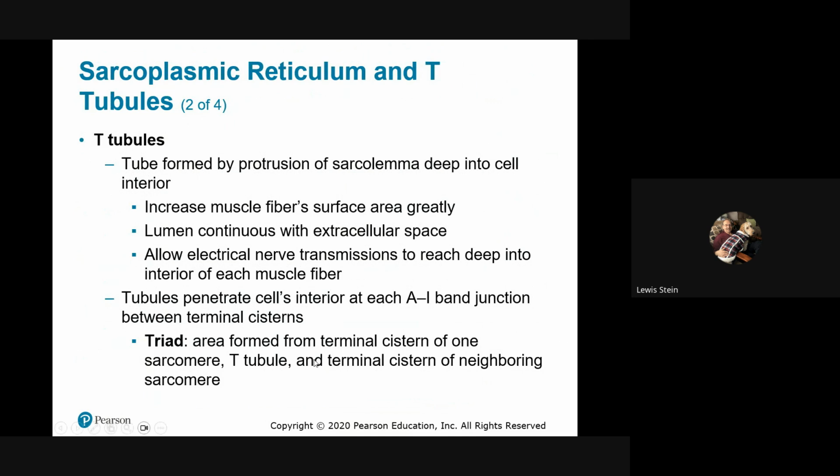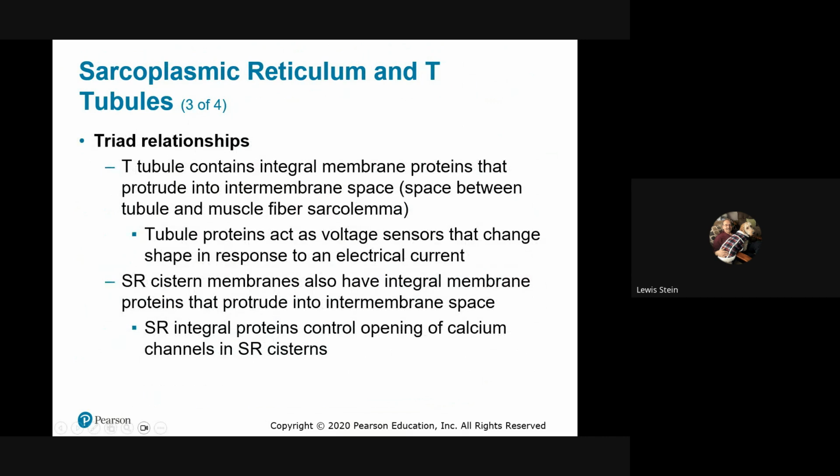So they penetrate deeply, and they form something called a triad. The triad definition is one of these transverse tubules, membrane, with sarcoplasmic reticulum wells called terminal cisterns on either side. And I'll show you the animation now so you get an idea.